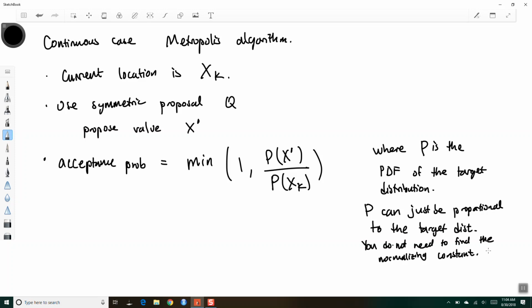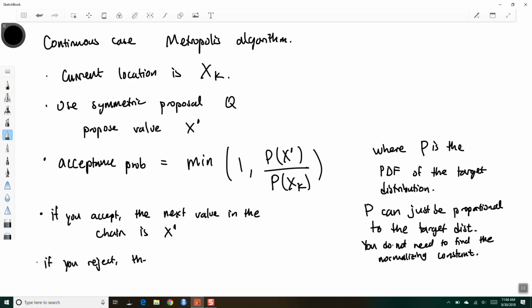And then your next value. So if you accept, the next value in the chain is x prime. And if you reject, the next value in the chain is xk, right?